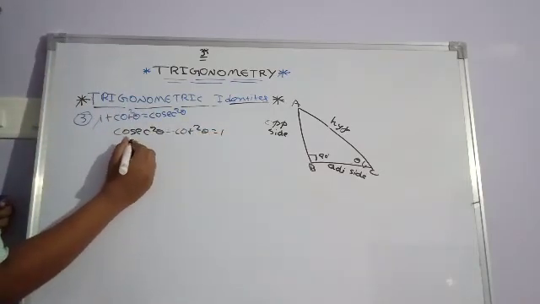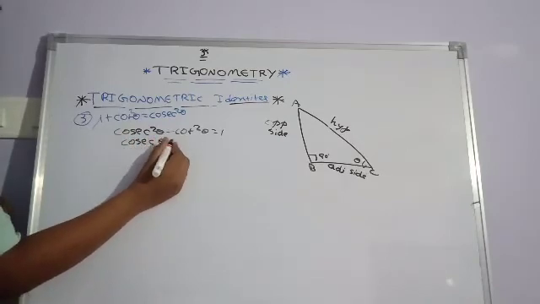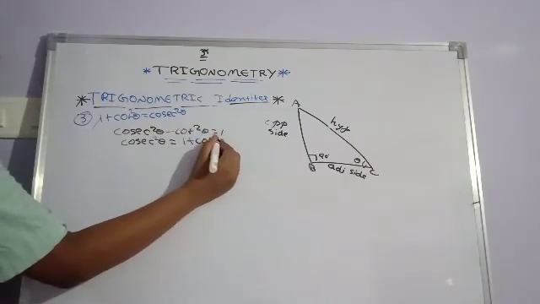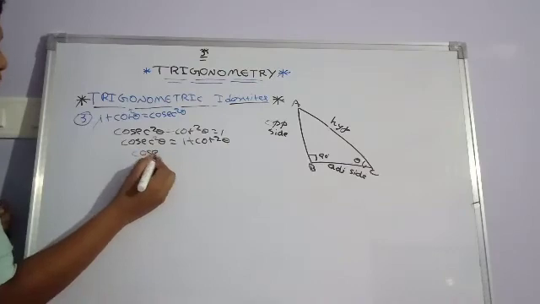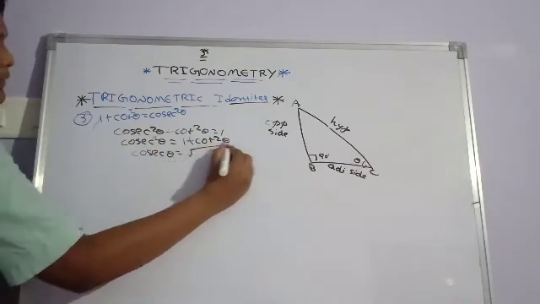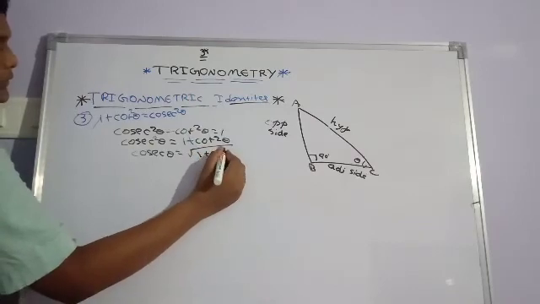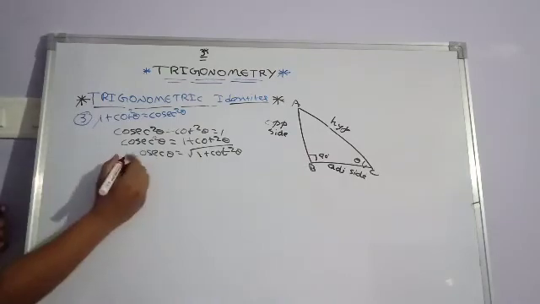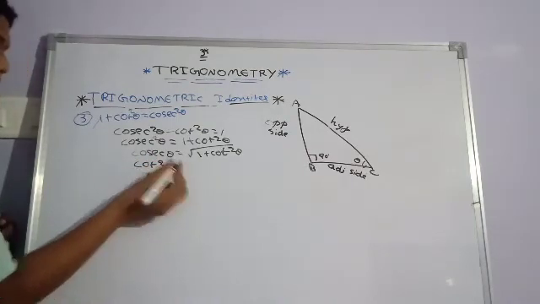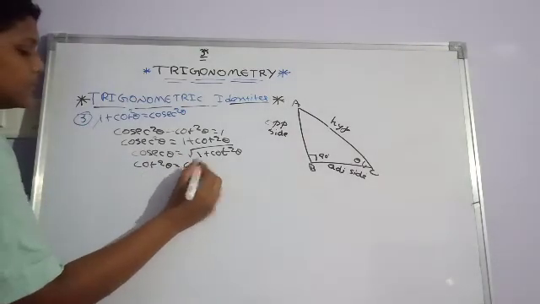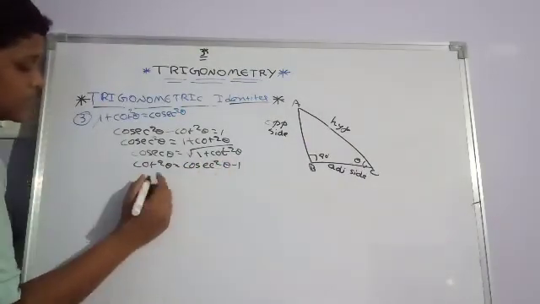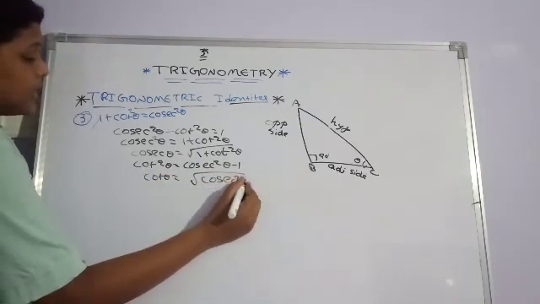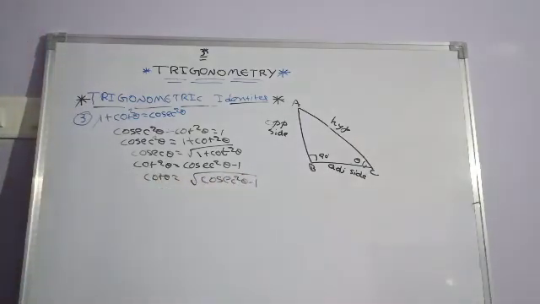The next one is cosecant square theta is equals to 1 plus cot square theta. Cosecant theta is equals to root over 1 plus cot square theta. The next one is cot square theta is equals to cosecant square theta minus 1. Cot theta is equals to root over cosecant square theta minus 1.